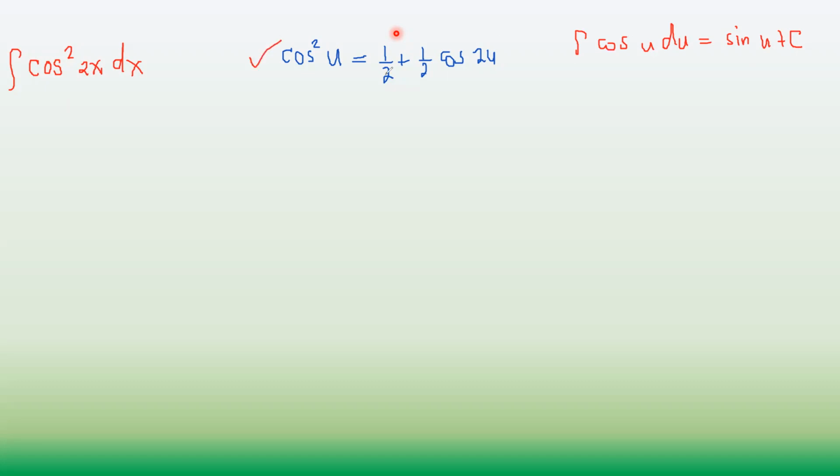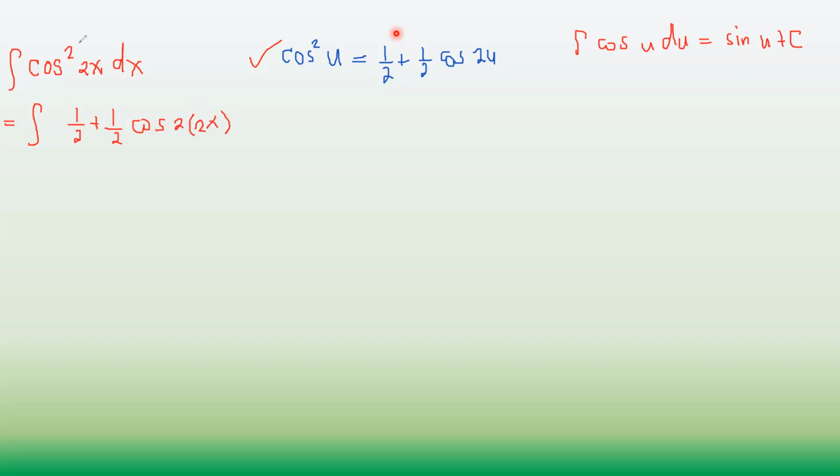So palitan natin. So we will have the integral of, yung cosine squared ay 1 half plus 1 half cosine 2u. Ang pinaka-u mo ay 2x.